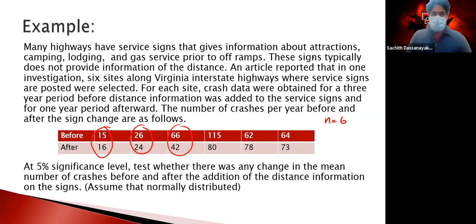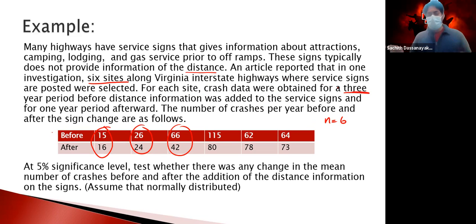The signs typically do not provide information of the distances. So 6 sites, that's the number of samples. For each site, crash data were obtained from a 3 year period. It doesn't matter about the period.